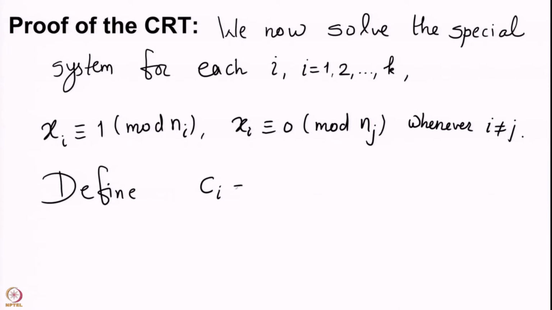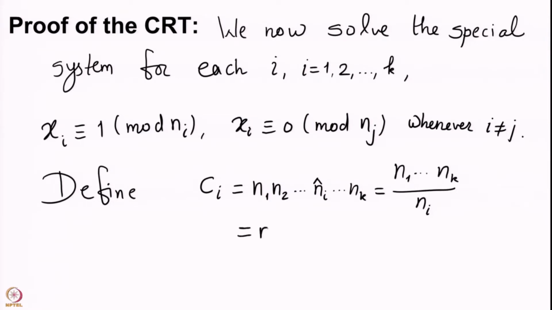So, if we define Ci to be n1, n2, ..., ni hat, ..., nk, where the hat means we are omitting this particular number. So, what we are doing is taking the product n1 through nk and dividing by ni. Or to make it more precise, we are looking at the product n1 through n(i-1), n(i+1) up to nk.